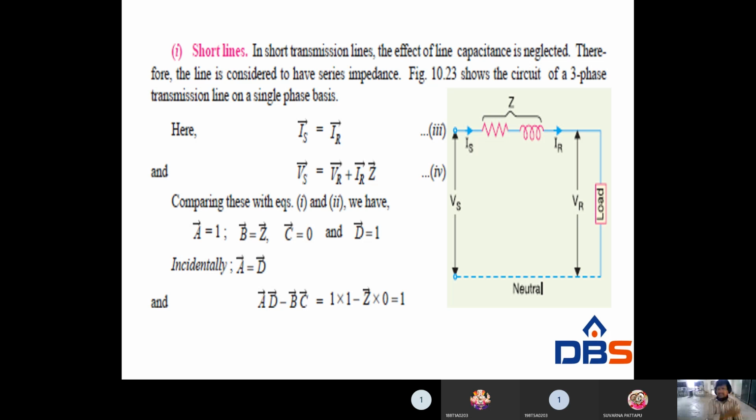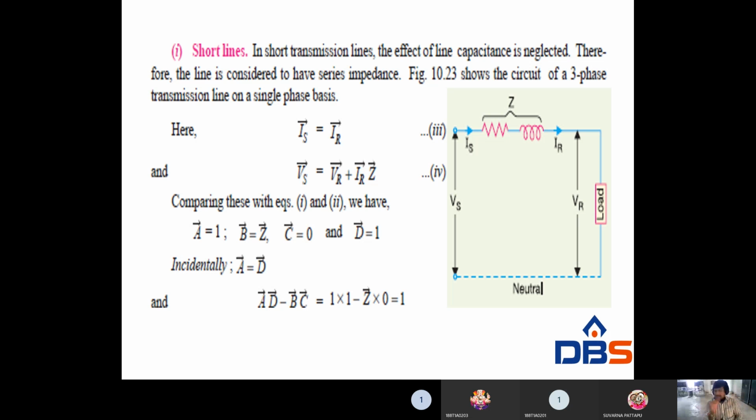Now coming to the reciprocity network, right? Suppose for reciprocity network, what is the condition for ABCD constant? AD minus BC equal to 1. So substitute all the values. A equal to 1, D equal to 1, B equal to Z, C equal to 0. That means 1 minus 0 is equal to 1. So now it is also satisfied.